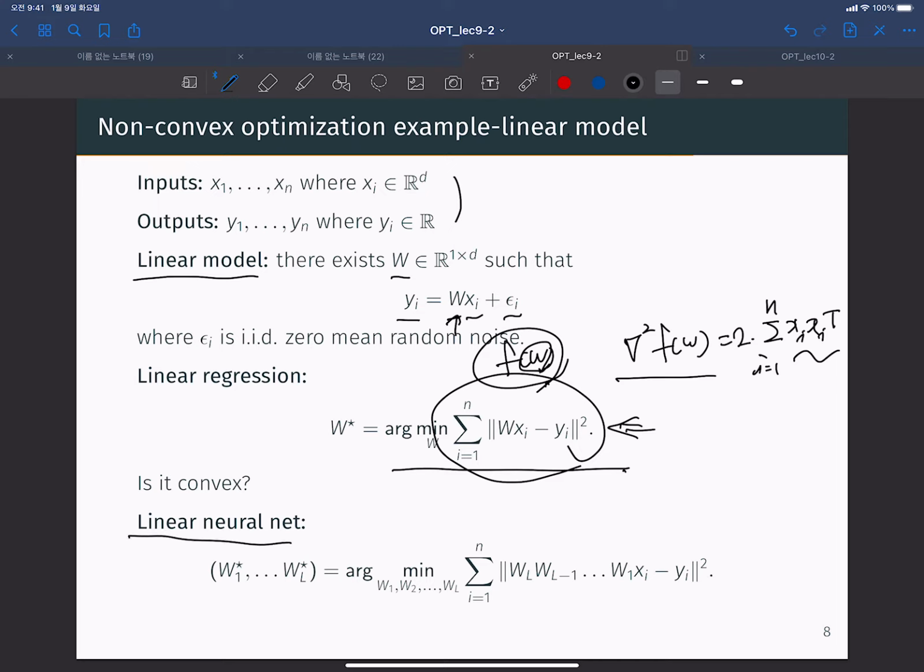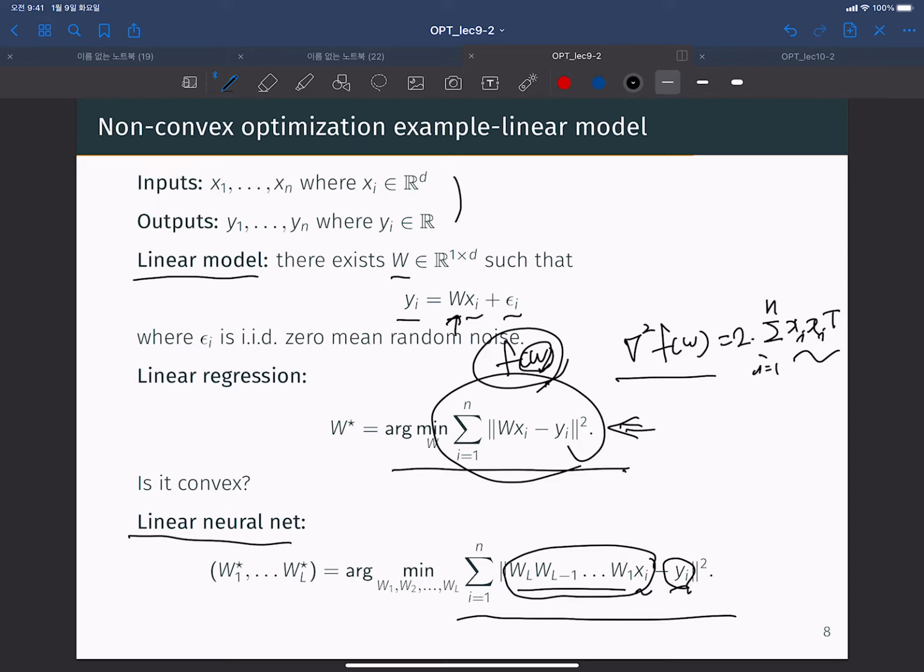Now let's consider a linear neural network model. This mimics our deep learning models without any activation function. So basically, the linear neural net just multiplies the weight matrix of each layer. Because this is again a regression problem, the objective function can be written like this: sum from i equal to 1 to n. Over the whole training data, we measure the distance between our estimation by the linear neural net and the true label yi.